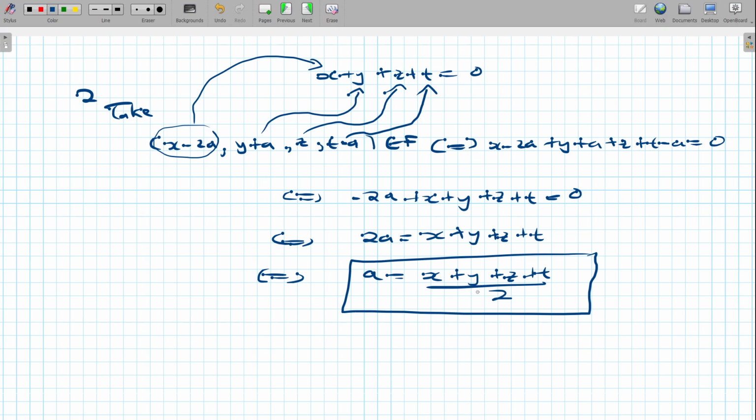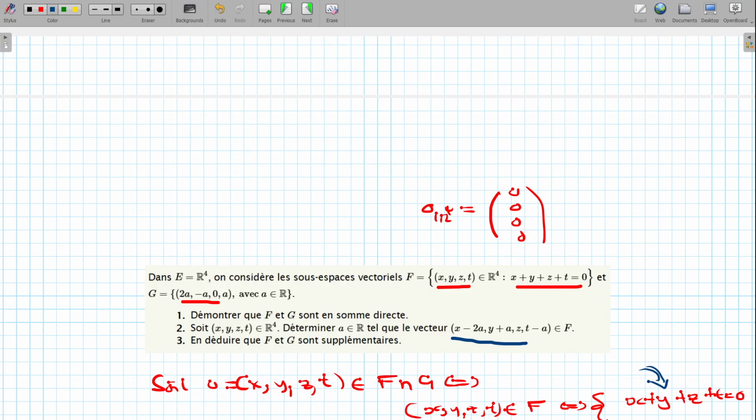If a is equal to this value, then this statement is going to be true: the vector with components x minus 2a, y plus a, z, t minus a is going to be in F if we choose a equal to this. So this is what we were supposed to find.